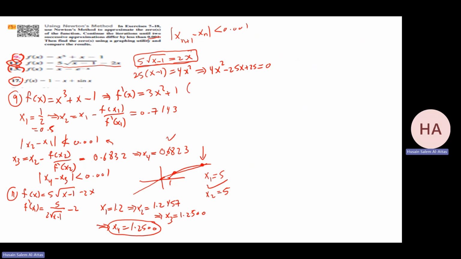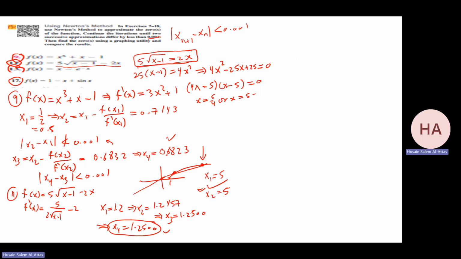This will be 4x times x minus 5, minus 5x, minus 20, minus 25. So I have x equal 5/4 or x equal 5, which is what we did. We get this and this. You can start with x1 equal 4, then you can do the iterations until you get 4.